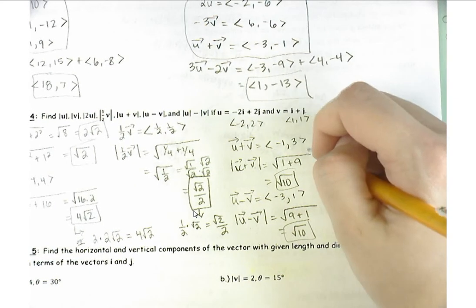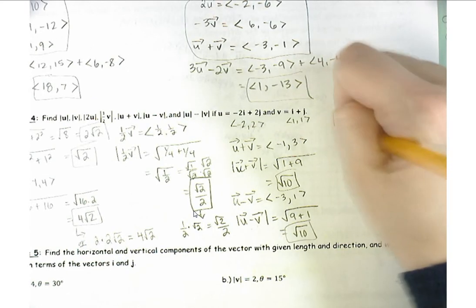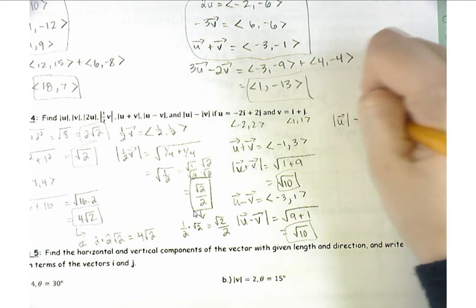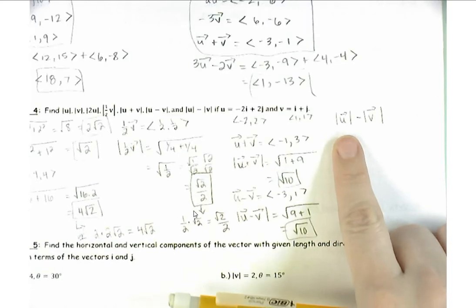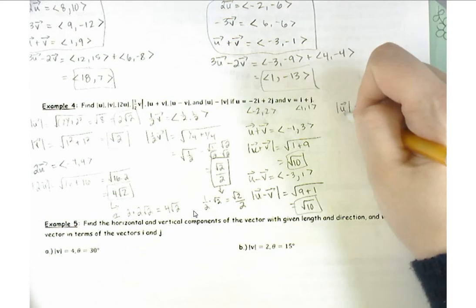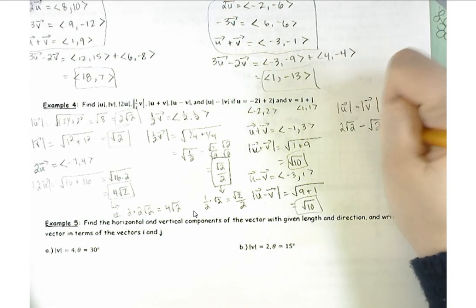Alright, and then the last one that we have to do is the magnitude of u minus the magnitude of v. We would find the magnitude separately, but we already did that. The magnitude of u was 2 root 2. The magnitude of v was just root 2. If they're like terms, you can combine them. How can you tell if a radical is a like term?